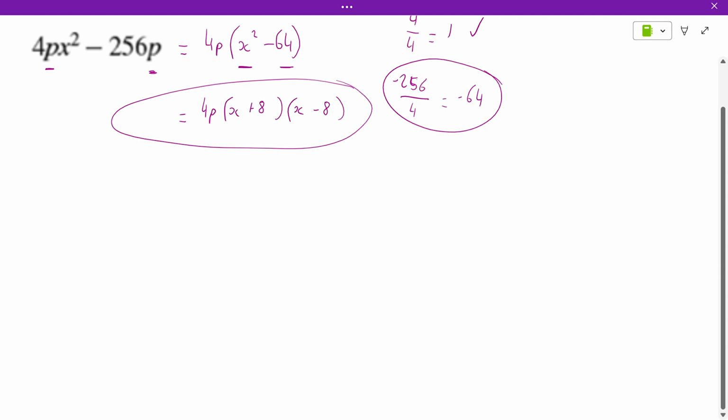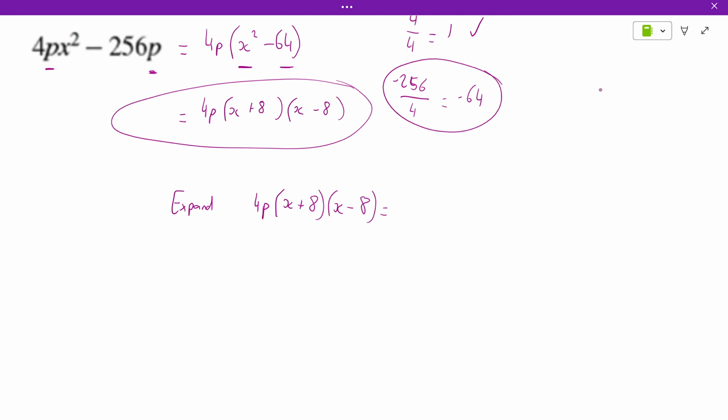Now, if we wanted to work backwards on this, let's expand this just to make sure that we've done it correctly. So I've got 4p outside of x plus 8, x minus 8. Okay, let's do the brackets first.